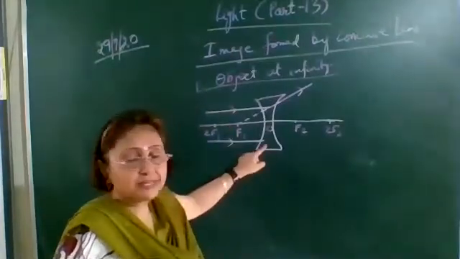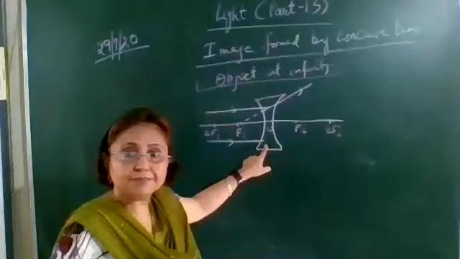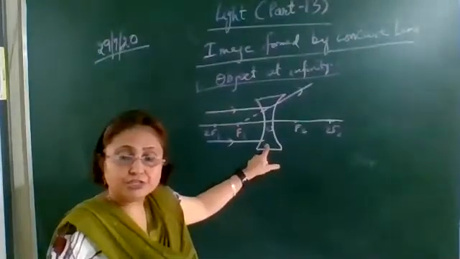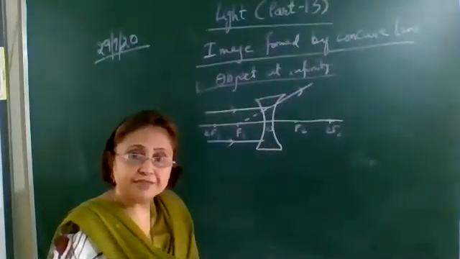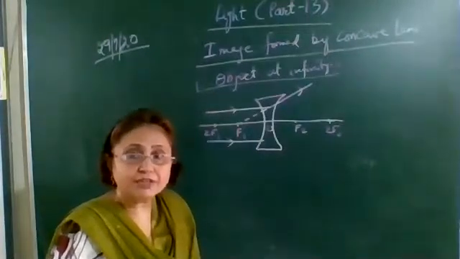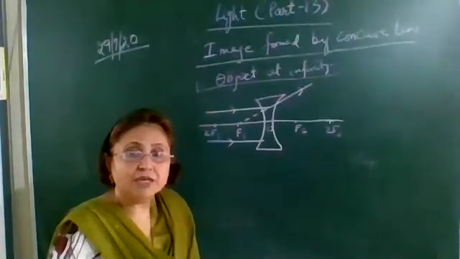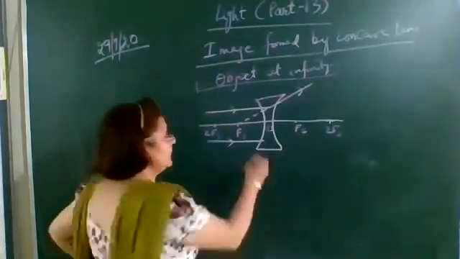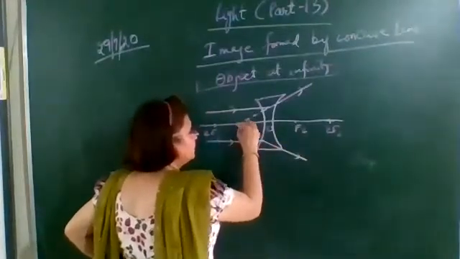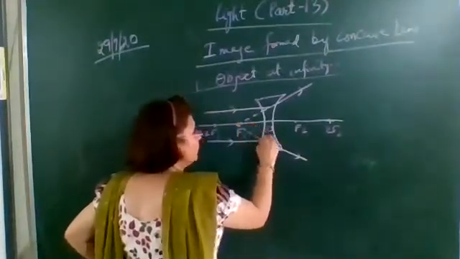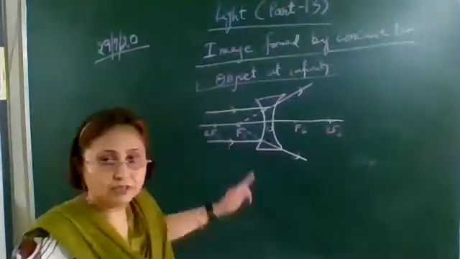The second incident ray is also parallel to the principal axis. This ray also diverges, as we know that a concave lens diverges the rays. That is why a concave lens is also called a diverging lens. This ray of light also appears to pass through F1.